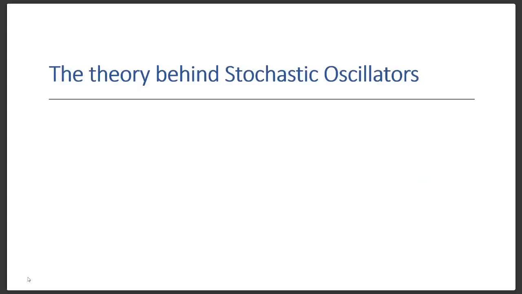Well, the theory behind oscillators, or stochastic oscillators, was developed by a man by the name of George Lane back in the 1950s. Hats off to George Lane, because most people who develop technical indicators usually name them after themselves, but he didn't.